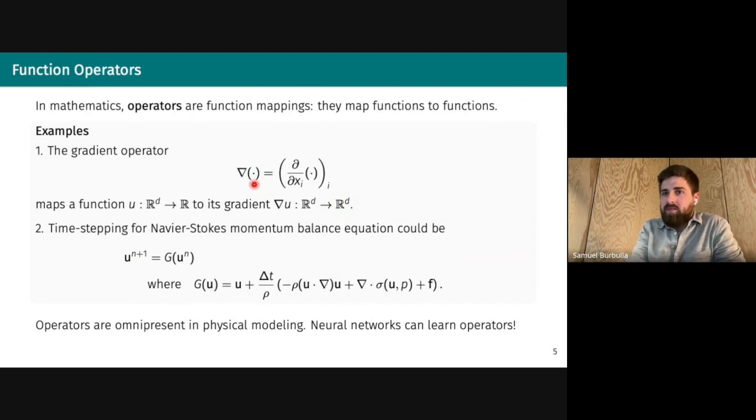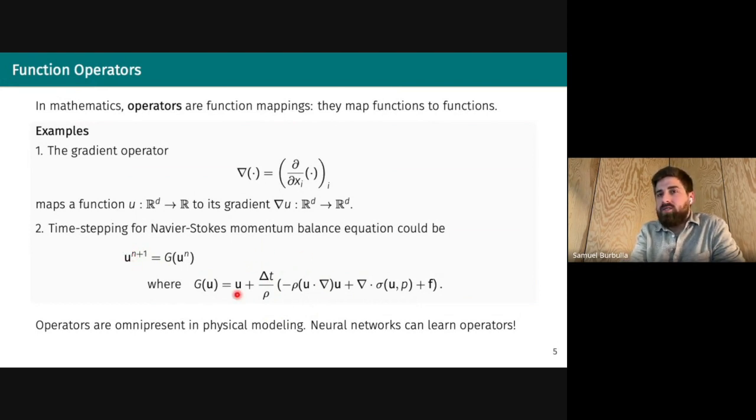But in scientific machine learning, there are much more complicated and more interesting operators. For instance, if we want to solve Navier-Stokes equations, usually we employ some time stepping. And for the momentum balance equation, it could be something like the velocity in the next time step is some function of the velocity in the old time step, u_n, where this operator G can be derived from this momentum balance equation, where we just replace the time derivative of u by a finite difference, (u_{n+1} - u_n) over delta t, and reorder the equation such that u_{n+1} is on the left-hand side.